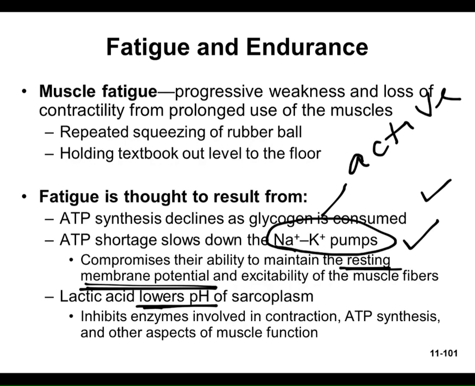It dissociates or it denatures. So if you've got proteins in a lower pH environment, they're not going to work well. As that lactic acid builds up and the pH drops, you're going to start to inhibit and destroy enzymes that are necessary for contraction, that are necessary for more ATP synthesis.